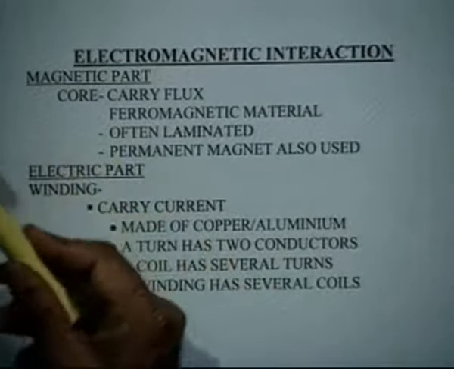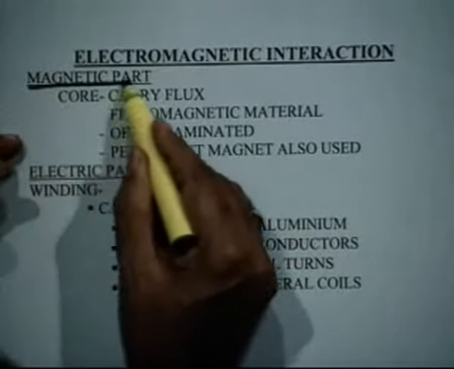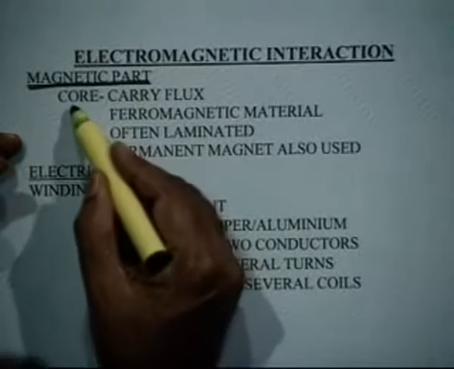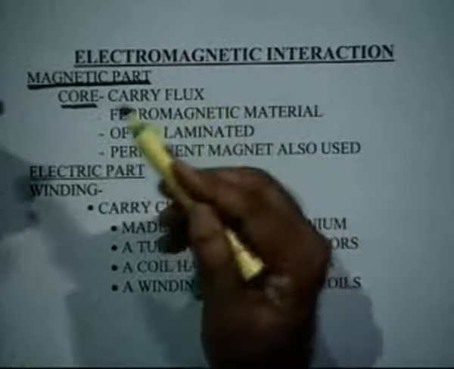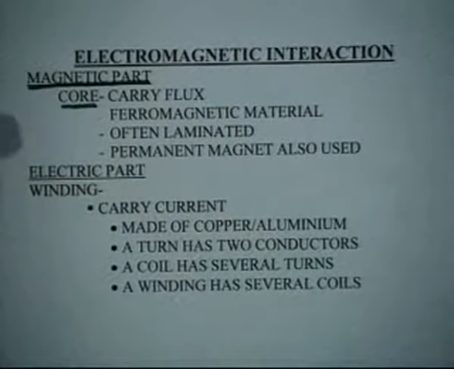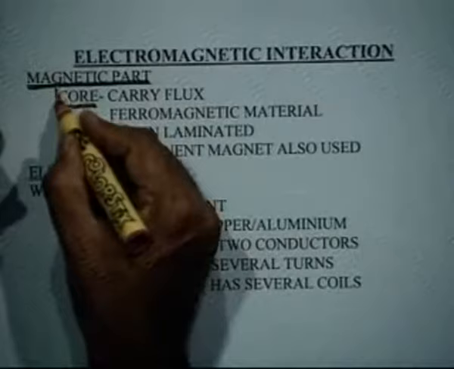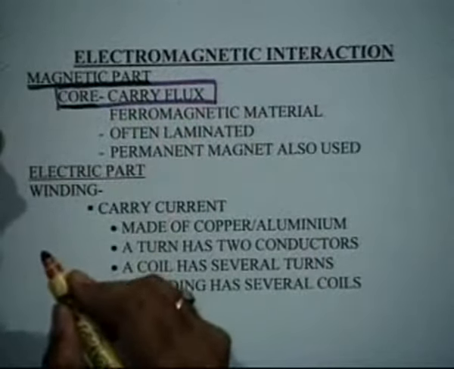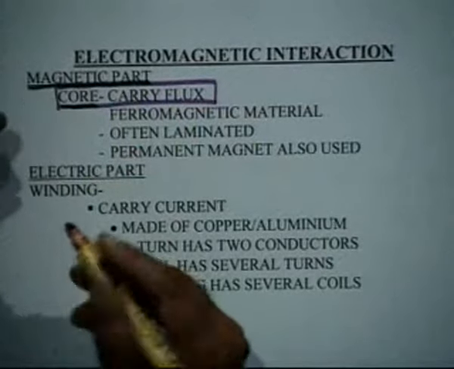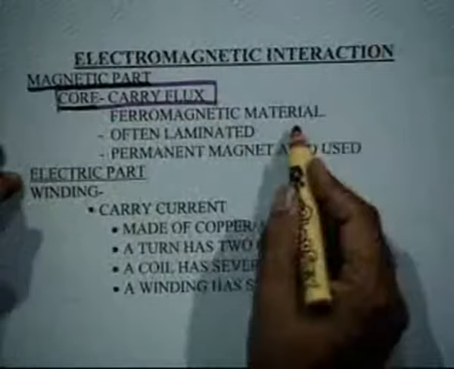So there will be a magnetic part, which is broadly the core, which carries the flux. So you will notice the important thing is that the core is the one which carries the flux. And what is it made up of? They are made up typically of ferromagnetic materials.